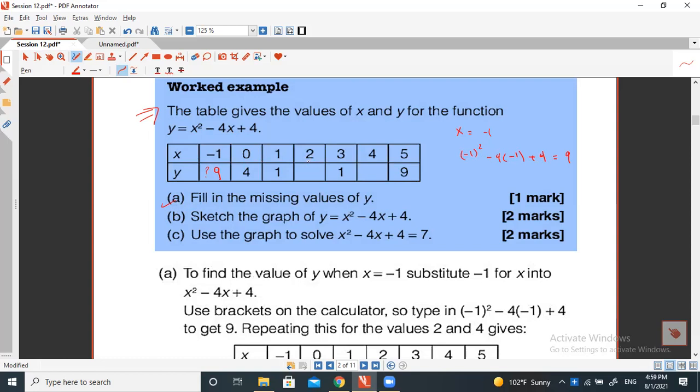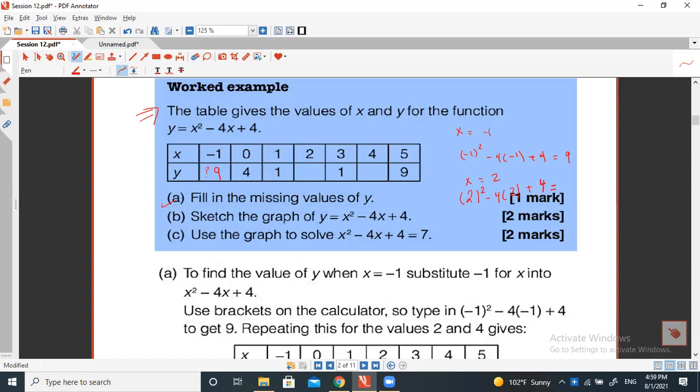Okay Omar, can you do when x equals 2? Okay sir, we put 2 squared, which is 4, and minus 4x, which is 2 in brackets, plus 4.